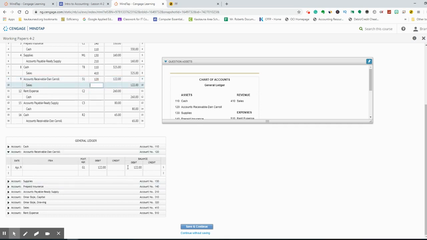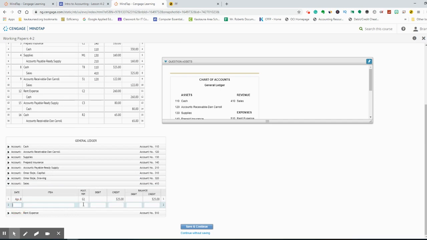Alrighty. And then the next thing is going to be sales. So we have sales, and this date is on the 9th. All right, so we have the 9th.